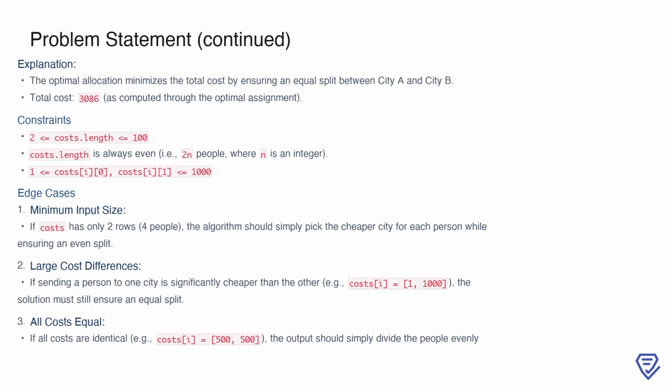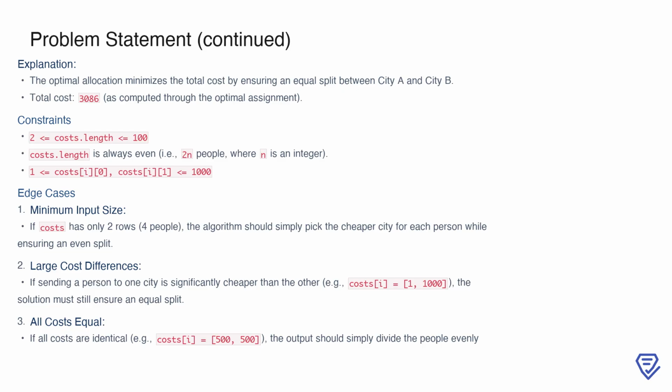In the third example, the input costs list is [515, 563], [451, 713], [537, 709], [343, 819], [855, 779], [457, 60], [650, 359], [631, 42].